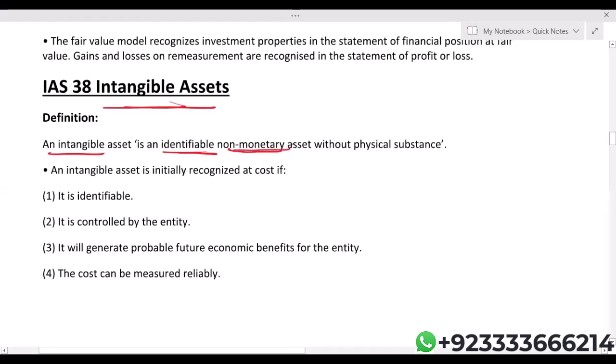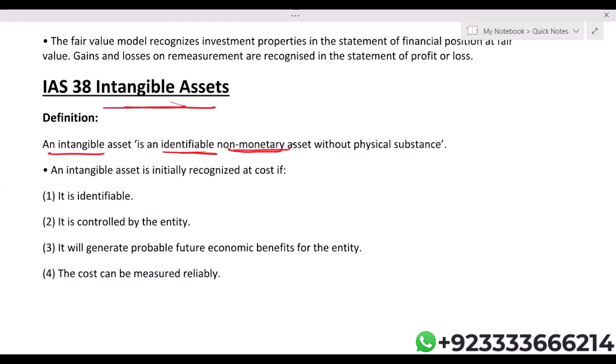There are 2 types of assets. One is monetary and another is non-monetary. Monetary asset means where fixed cash is determinable. Examples of monetary asset are cash and accounts receivable. But here we are saying non-monetary asset. Non-monetary asset means where fixed cash is not determinable.